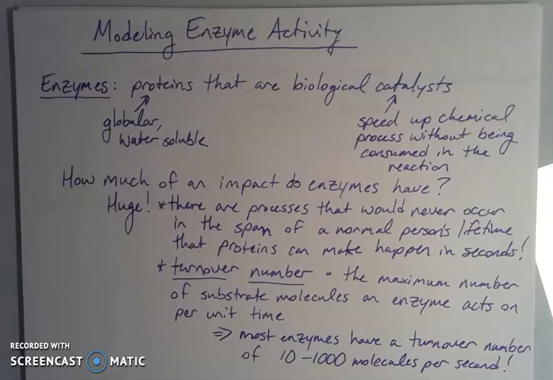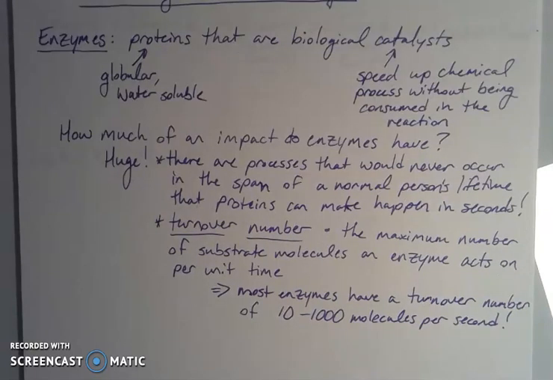Now, how important are they? How much of an impact do they actually have? Well, they're hugely important. There's really no metric to explain how important enzymes are in biological processes. There are some things that could happen spontaneously, meaning that the process is going to occur without any sort of outside influence, but that would never happen in the span of a human's life, right?